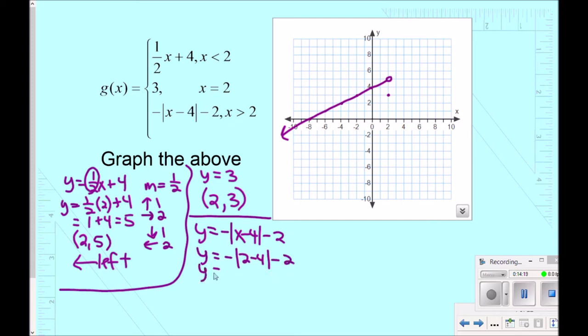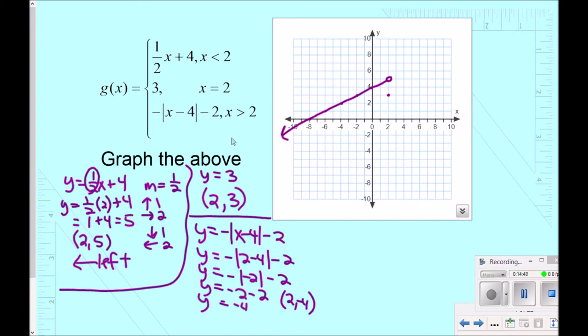So y equals negative 2 minus 4 is negative 2, minus 2. The absolute value of negative 2 is 2, but there's a negative in the front, so it's a negative 2 minus 2. And negative 2 minus 2 is negative 4. So the point that I need to plot, we inputted at 2, and we got a negative 4. So 2, negative 4 is the point that we're going to plot.